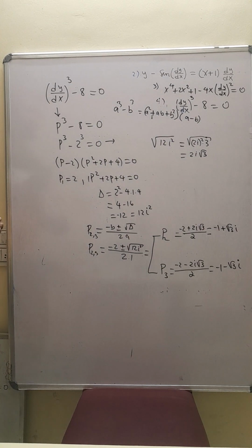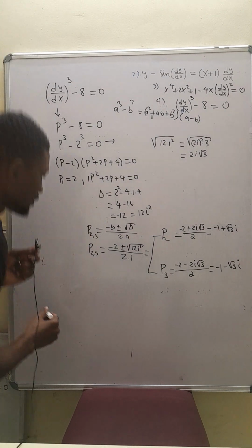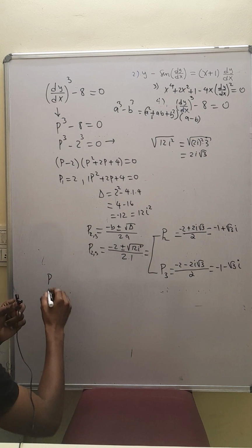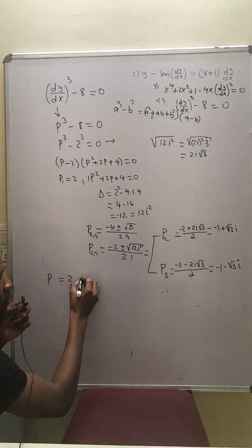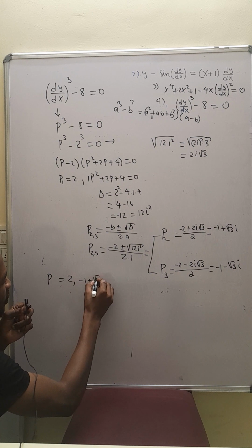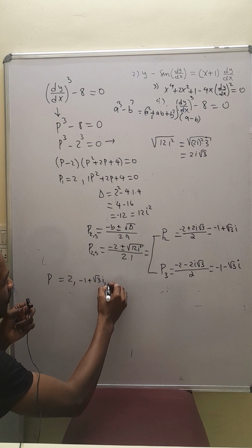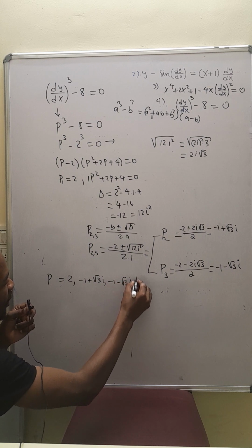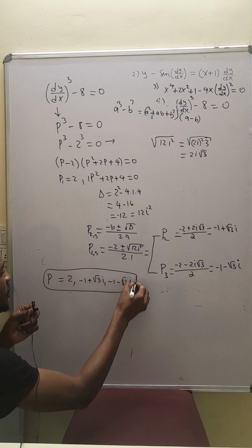So these are the solutions. Here we have found that p is 2, p is minus 1 plus root 3 i, and p is minus 1 minus root 3 i. These are the values of p.